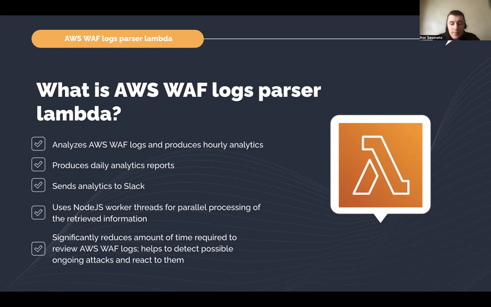As a result, it will help you to cover more threats than if you have just one single thread analyzing the requests. In general, it significantly reduces the amount of time required to review and monitor AWS WAF logs, and it also helps to detect possible ongoing attacks and react to them if there are no already implemented mitigation measures that will be able to deal with these threats automatically.